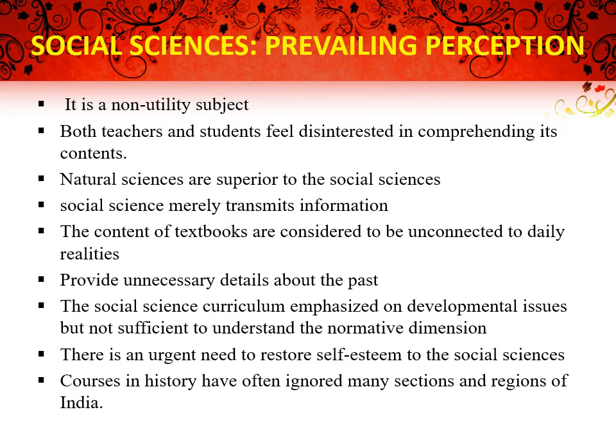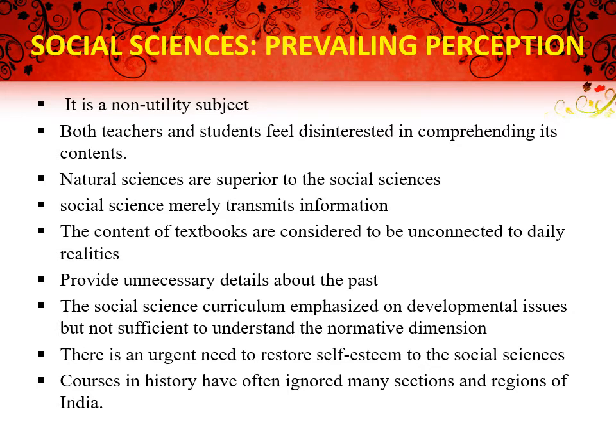So there is a widespread belief that social science merely transmits information and thereby it's centered on the text which is required to be memorized for examinations. The content of these textbooks are considered to be interconnected to daily realities.